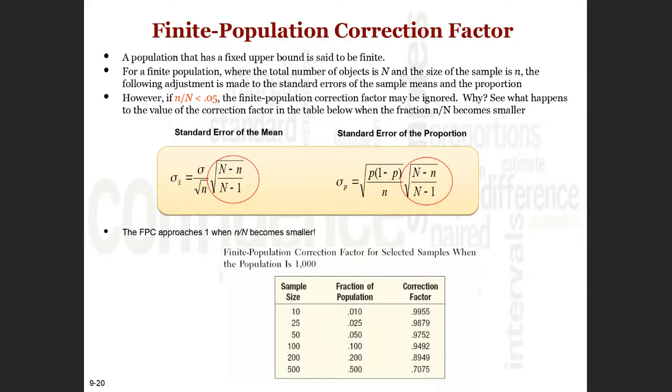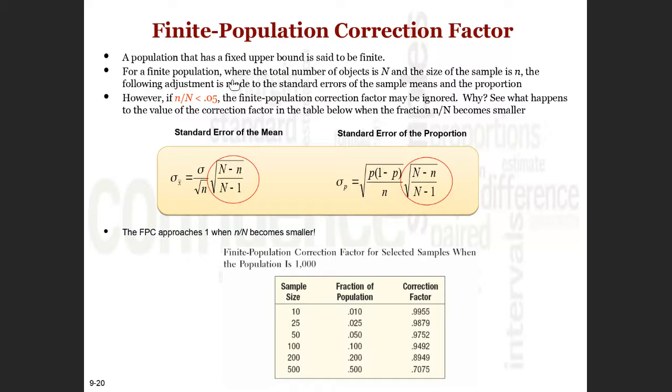Okay, so we'll just have an example here. The finite population correction factor: a population that has a fixed upper bound, like it has a max, we cannot go any higher, is said to be finite, obviously.